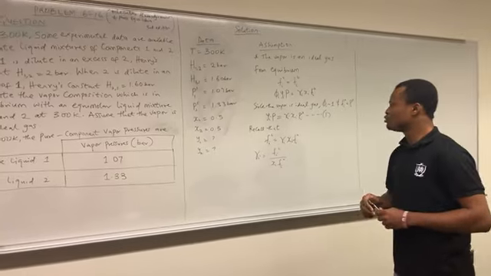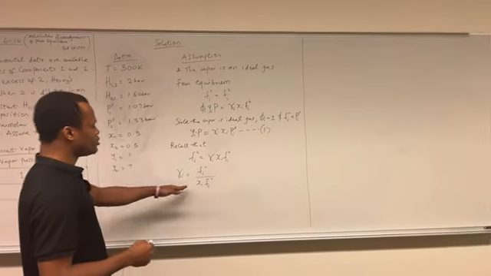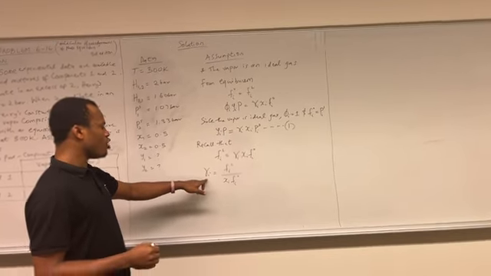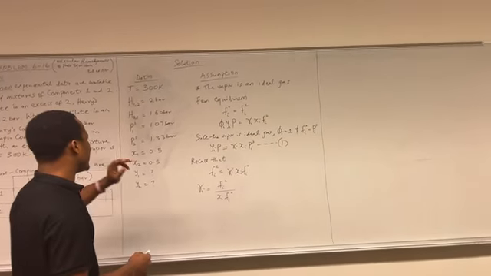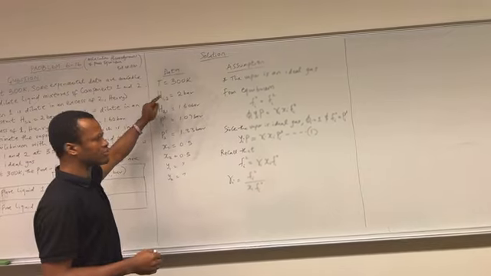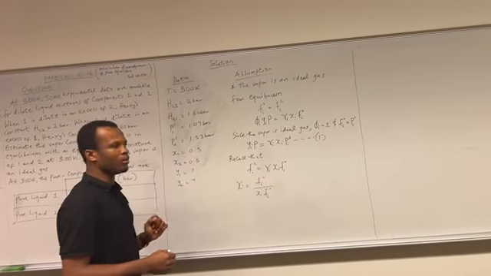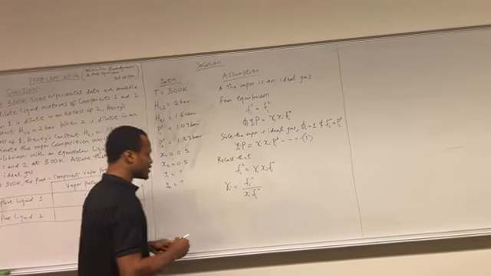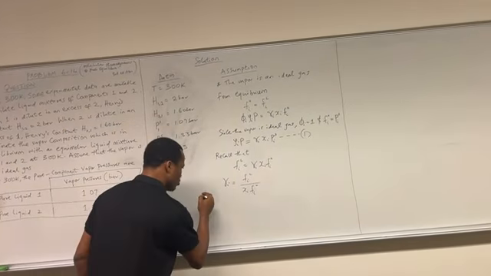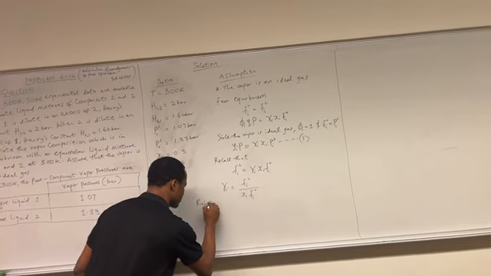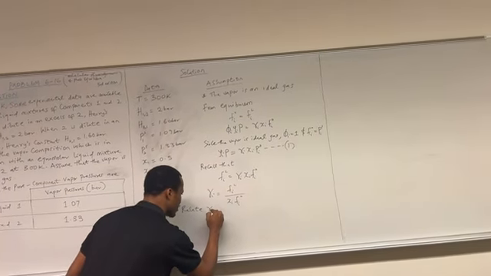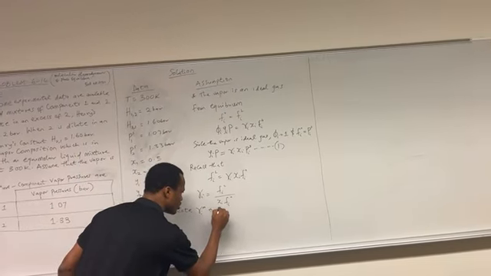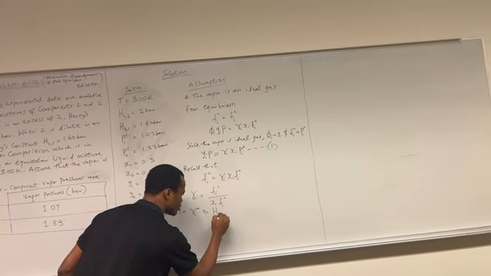So the next thing to do is find a way to relate our activity coefficient to the Henry's constants given to us for the two components. What we do now is, at infinite dilution, relate gamma_i at infinite dilution to the Henry's constant.